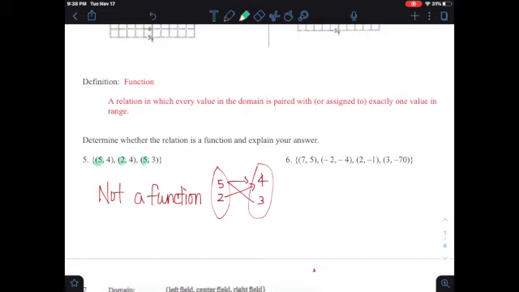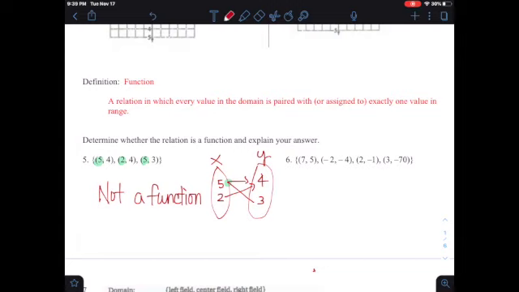Notice 5 matches up to 2 numbers. That is not allowed. So the value in X cannot be used more than once. The value in X, which is 5 right here, was paired up with 4 and 3, and that is not allowed.